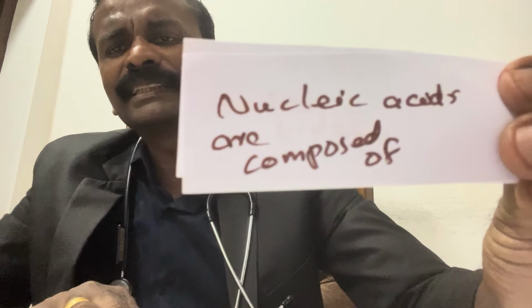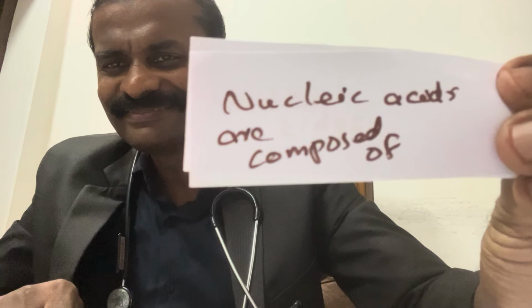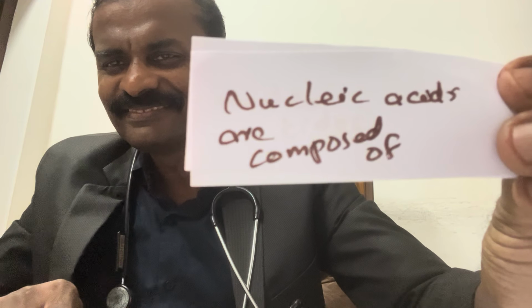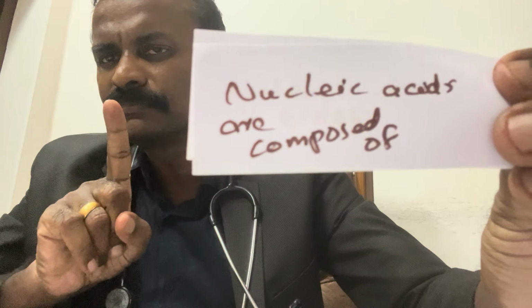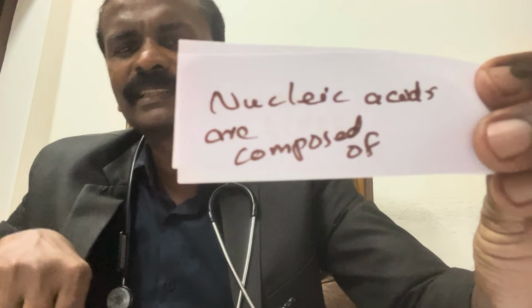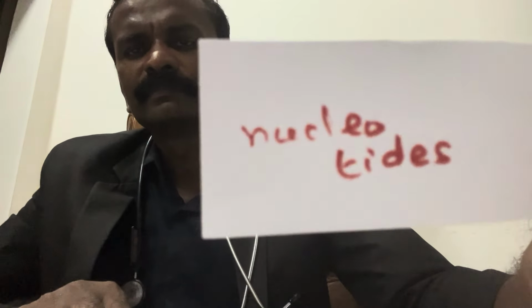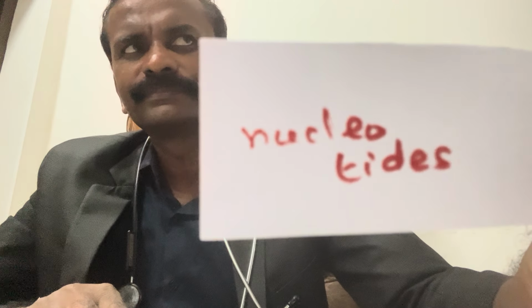Nucleic acids are composed of dash. See, when you see 4 choices, you will get confused. That is why I am putting your recall. Nucleic acids are composed of dash. Nucleotides.